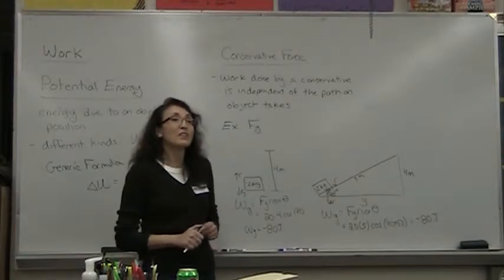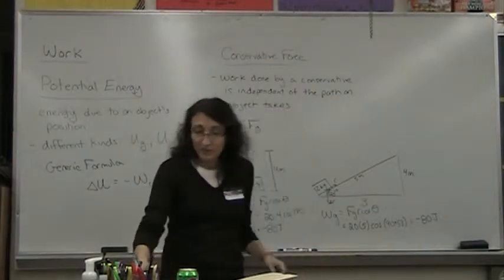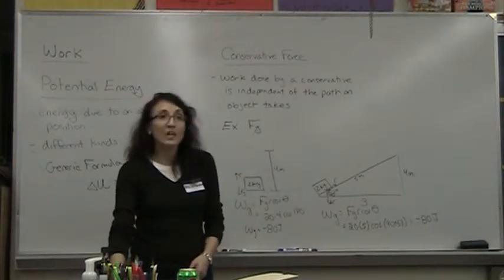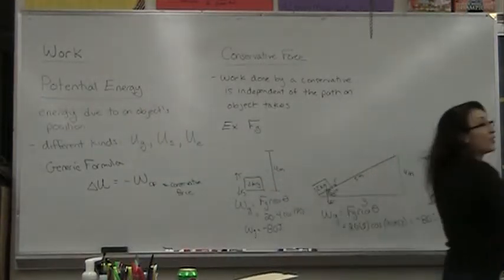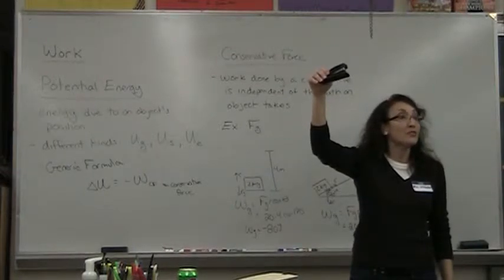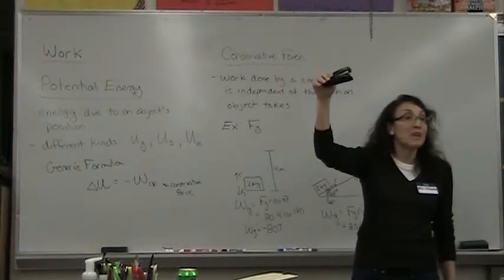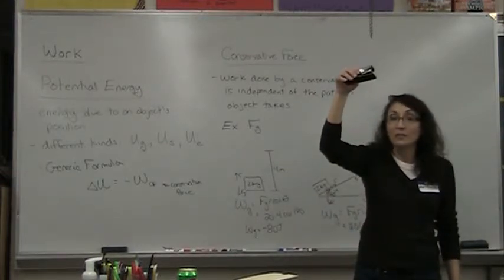So gravity is a conservative force. If I took this stapler off the table, lifted it up, put it down, walked over there, put it on the ground, carried it, walked around the room, and ended 1 meter above where I started, gravity does the same exact amount of work as if I just lifted it up 1 meter to begin with.